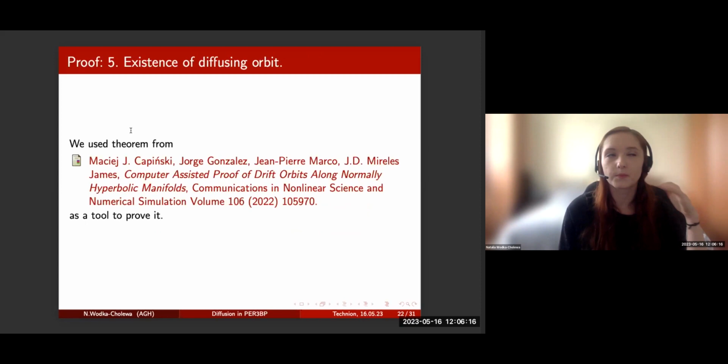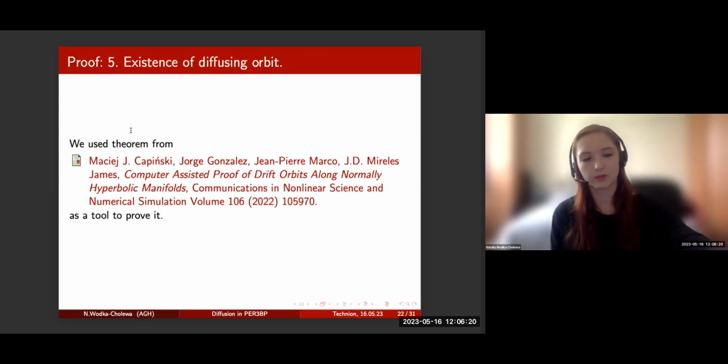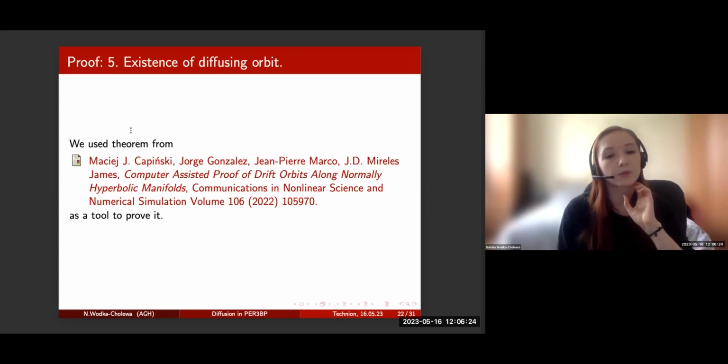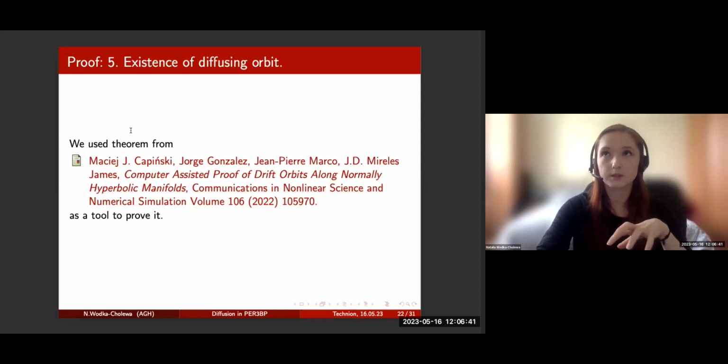It's the most important, because the previous ones are very common tools to use, and this is the tool that came from this paper. As you see, this paper was submitted in 2021, but it was published in March 2022. And it has the tool to prove this existence of diffusing orbit, and I will talk about it.